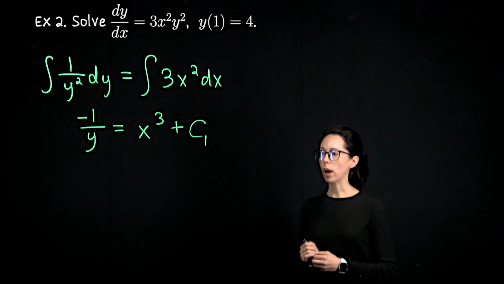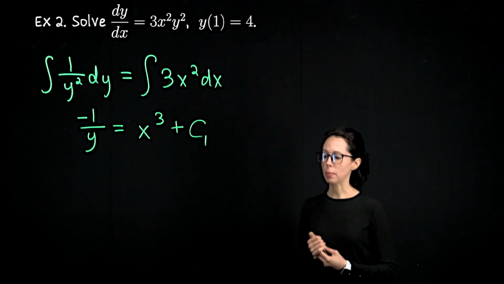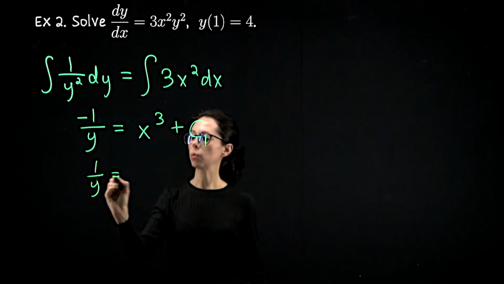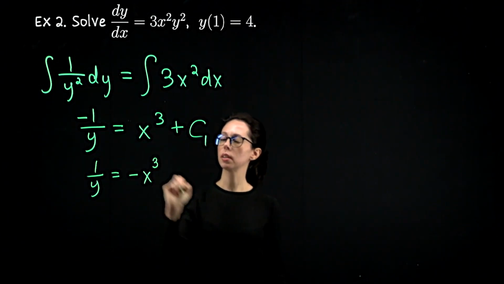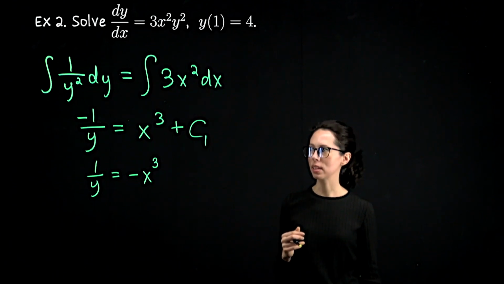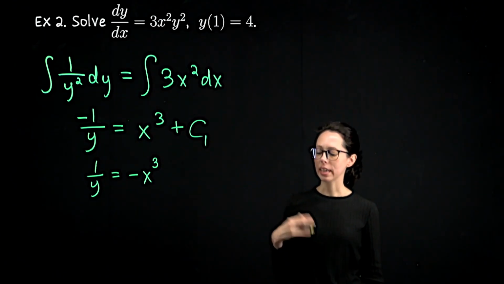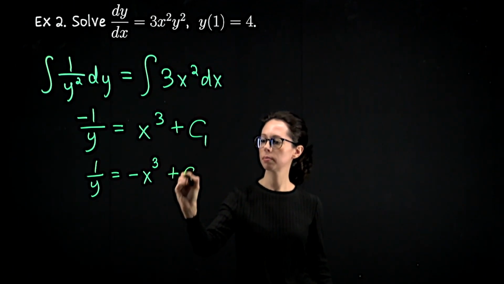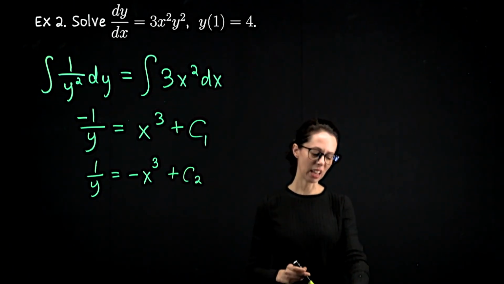Okay, let's now isolate y. So multiply both sides by negative 1, and we'll have 1 over y equals negative x cubed minus c1, which isn't too bad. But I'm just doing algebra on c1. To get into the theme of editing constants, I'm going to write plus c2. This is optional.